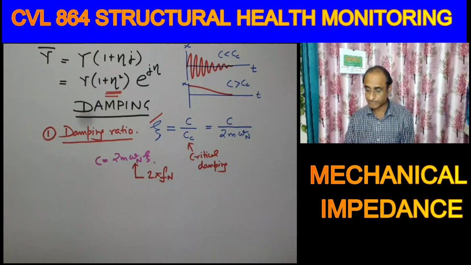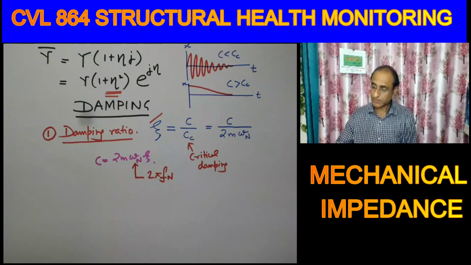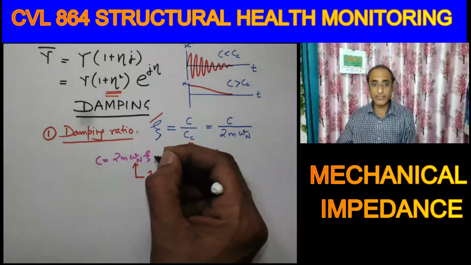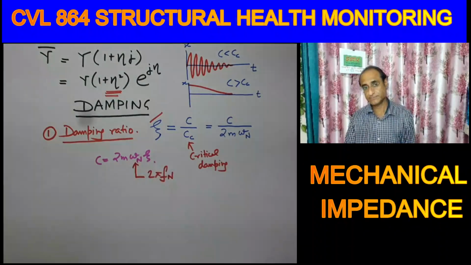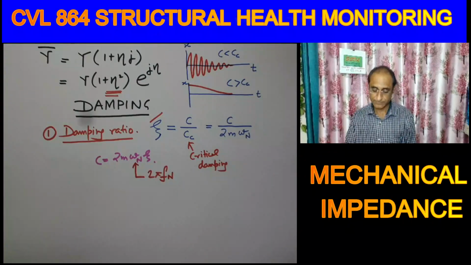Sir, eta is equal to C omega by K. If we replace C with 2m omega n into psi, where psi is the damping ratio. Can you find the relation between psi and eta from this? Eta is equal to 2 psi.